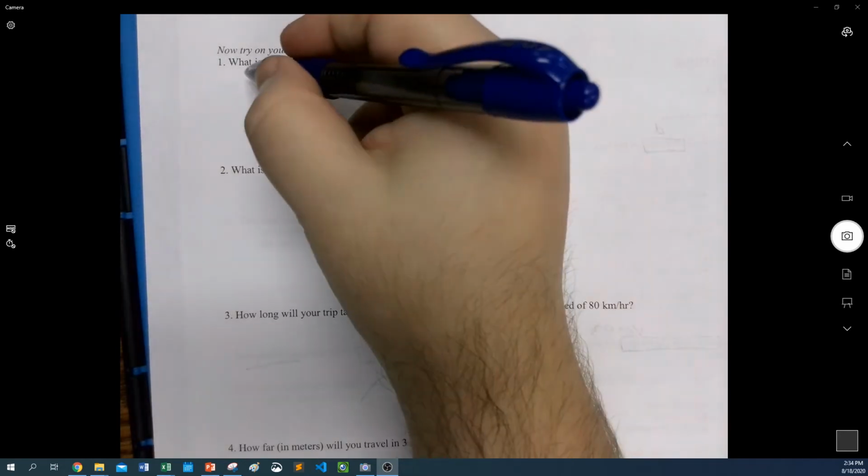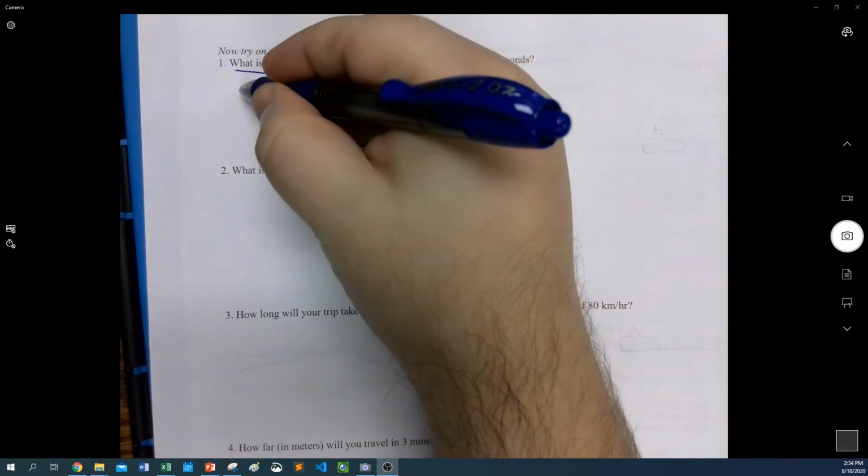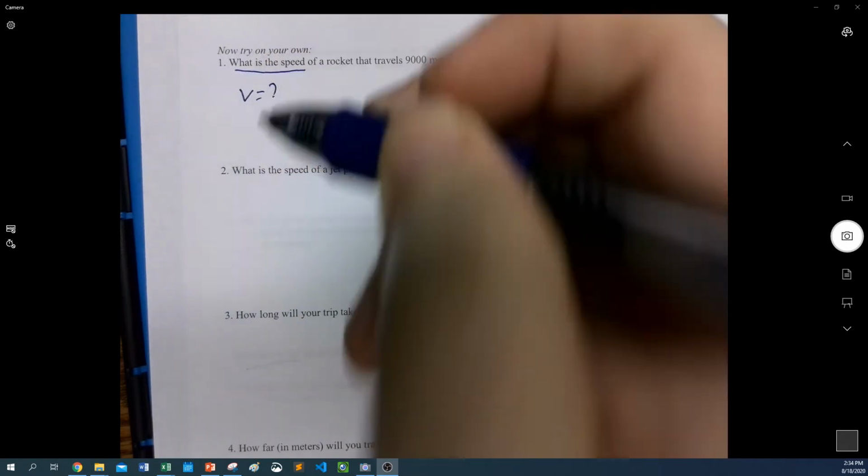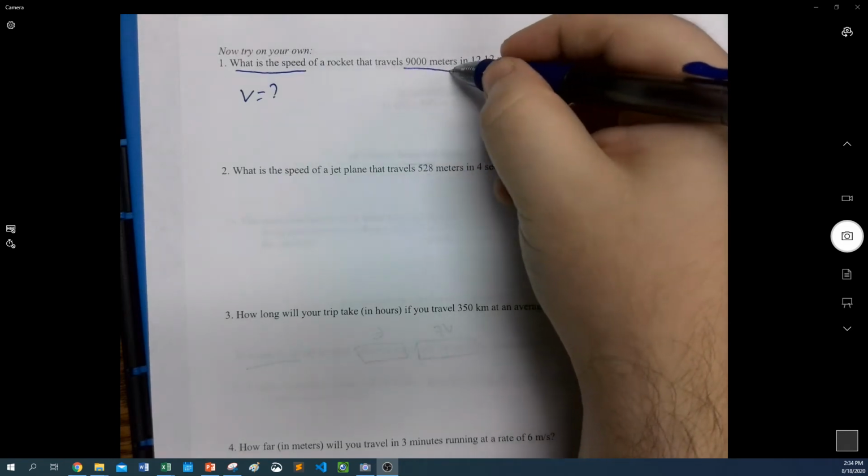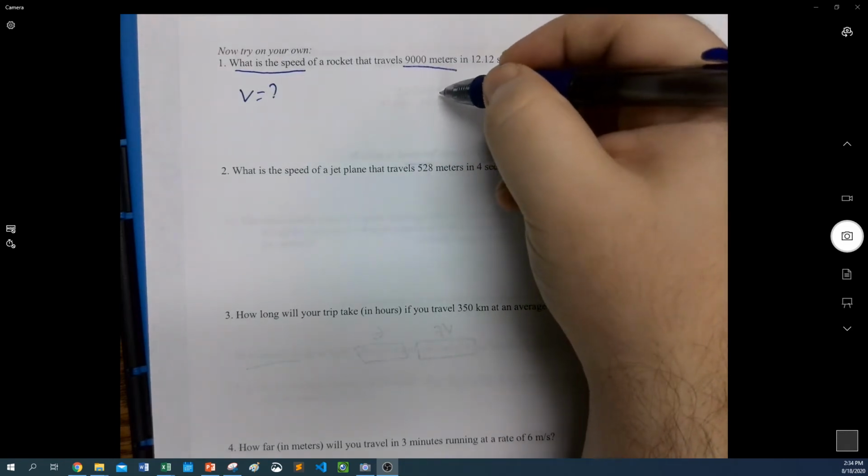So what is the speed of a rocket that travels 9,000 meters in 12.12 seconds? So what is the speed? So we're trying to solve for speed of a rocket that travels 9,000 meters.